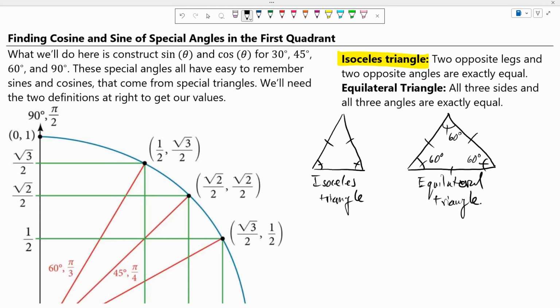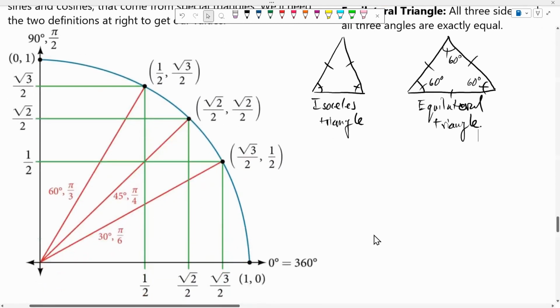Just with these two pieces of information, we can derive the more important values from our unit circle, the values that are on the left-hand side of the screen. And that's what I'm about to do.